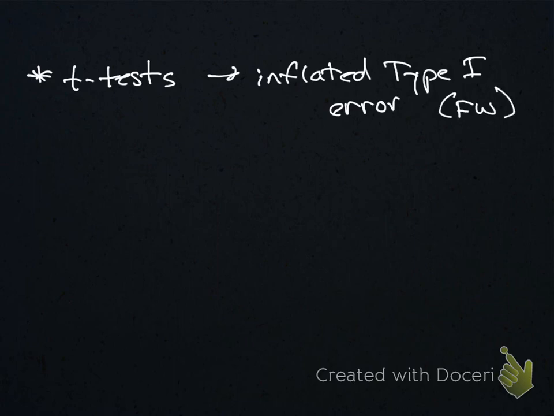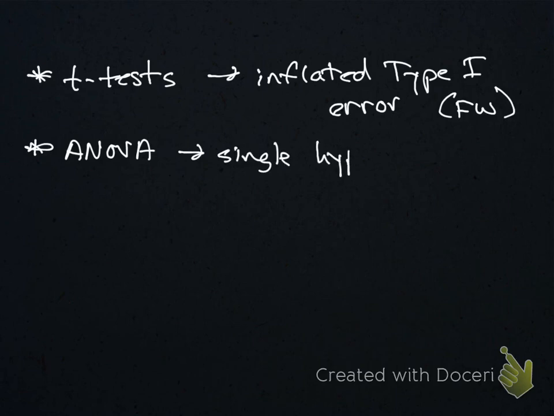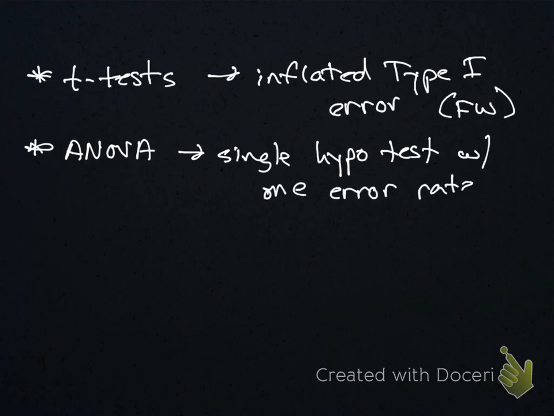And because of this, we have to use ANOVA. And we use ANOVA because it's a single hypothesis test with one error rate. In other words, it only has a single alpha.